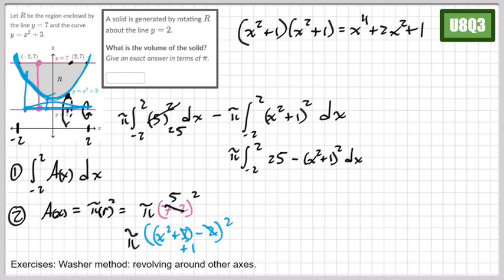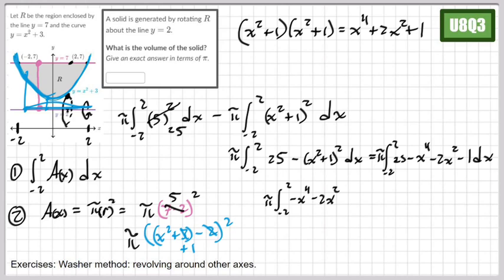And then I'm going to subtract that from 25. So let's write it out. We have pi, -2 to 2, 25 minus x to the 4th minus 2x squared minus 1. I distributed the negative at the same time as writing it. So now I have pi, -2 to 2, and we have negative x to the 4th minus 2x squared, and then plus 24 dx.